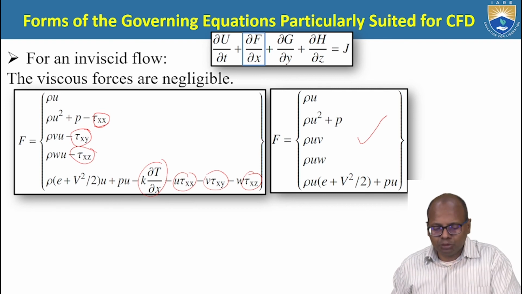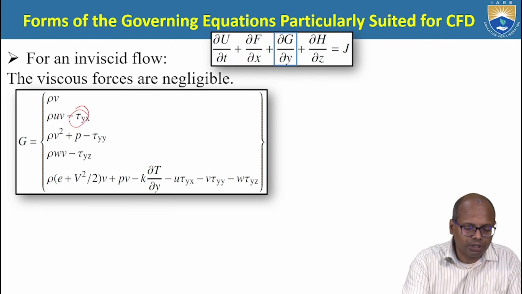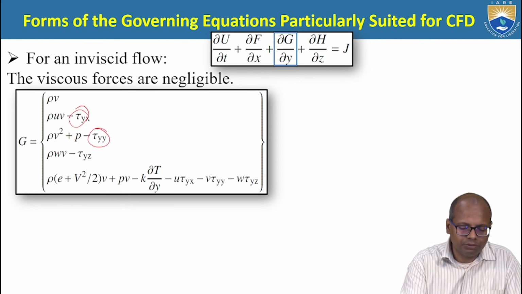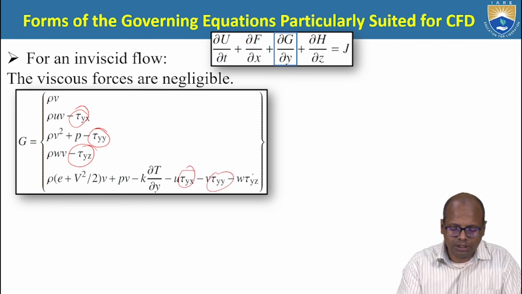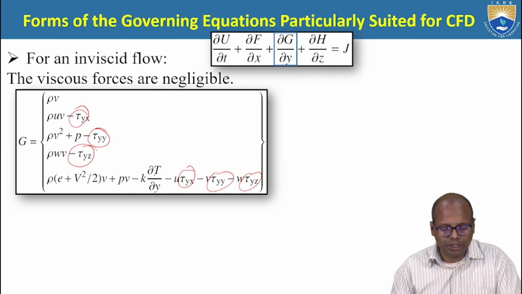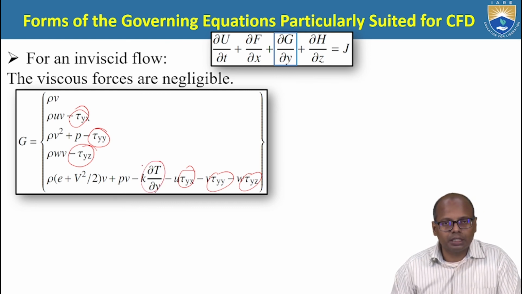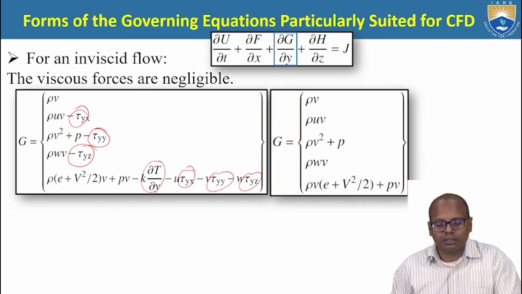Now if I come to the term G, here I have three viscous terms, and again because the flow is inviscid, the conduction is also negligible, so I can eliminate this. If I eliminate all these terms, the column vector is going to become like this.